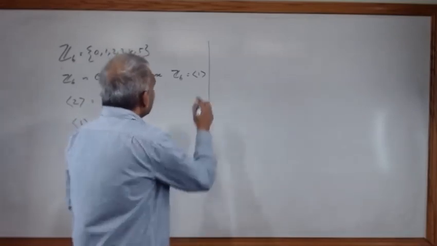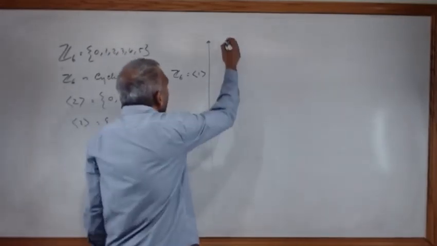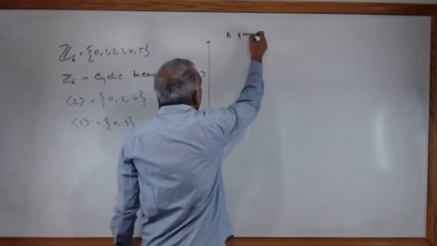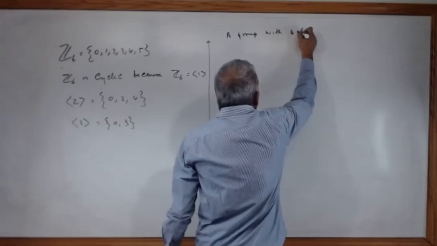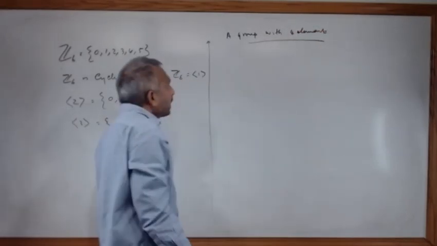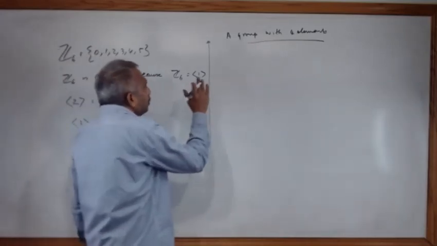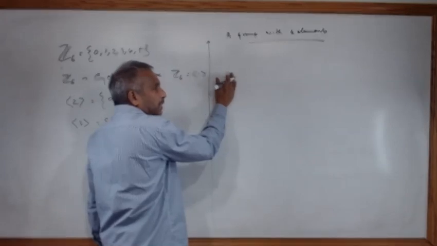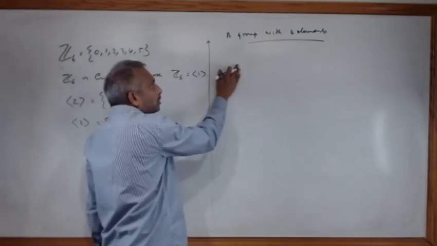Now we'll take another example here. A group with 4 elements. There are 2 different groups here. I'm going to use the word isomorphism later because we are going to study the homomorphism of groups in detail.